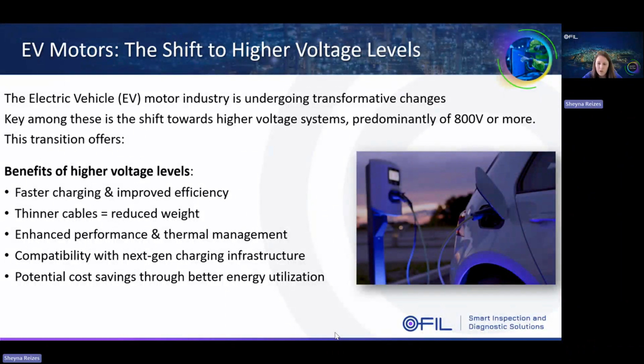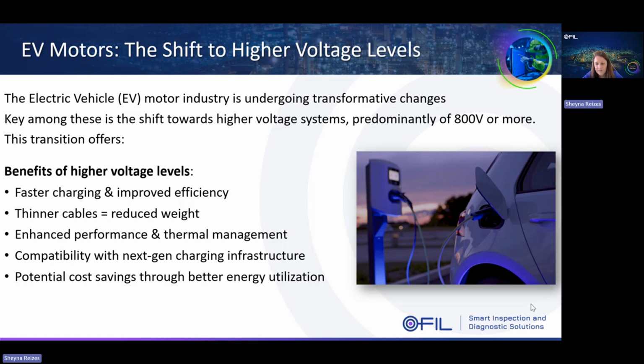Those systems support faster charging, reduce the cable weight by enabling thinner wiring, and improve the overall drive performance. They also help manage heat better, which is critical for batteries.